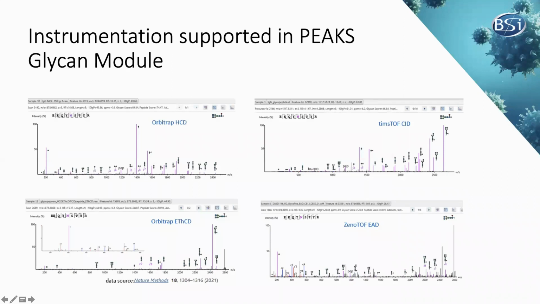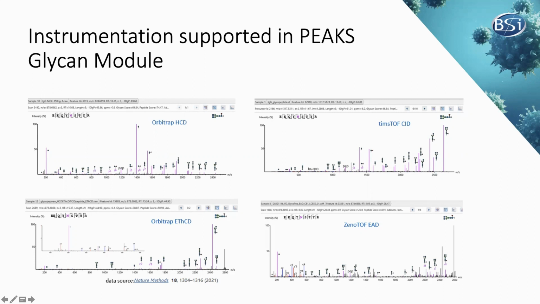So PEAKS Glycan Module supports various different instrumentation types. We can do Orbitrap and HCD, as well as EThcD, which has become a more popular method since EThcD allows us to observe more intact glycan fragments.